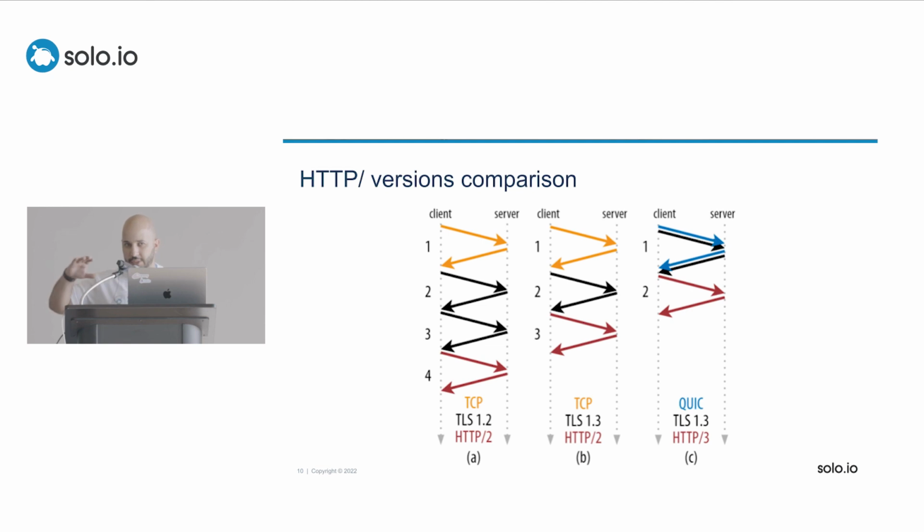Everything is ready to just start sharing data. Plus, think about a lot of the good things we have in TLS, for example session resumption, that we use often. It means that if you already established a connection earlier, you don't even need to do all this. You go straight to sending data because you already have a ticket for the session resumption.